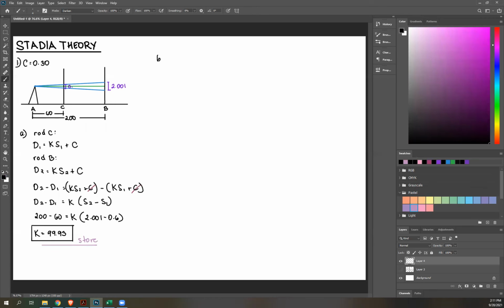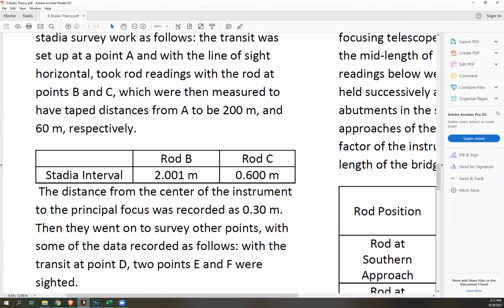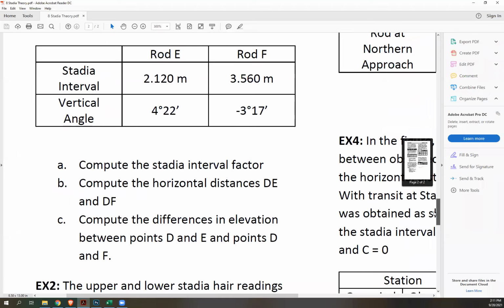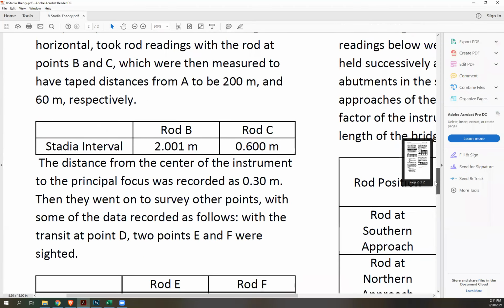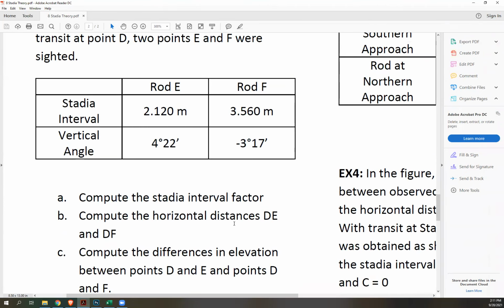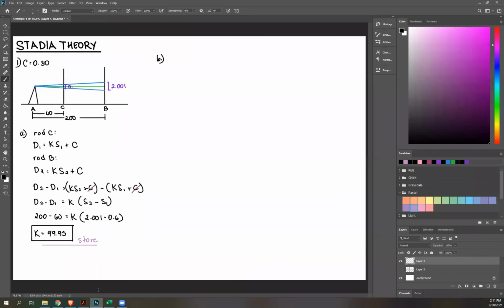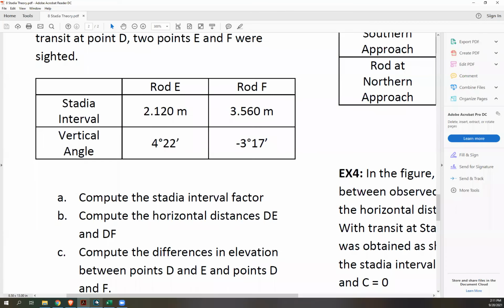Okay, next, letter B. Letter B, compute the horizontal distances DE and DF. Okay, so for DE and DF, again, E and F are now at inclined positions. So we can't use the equations for horizontal observations. Okay?